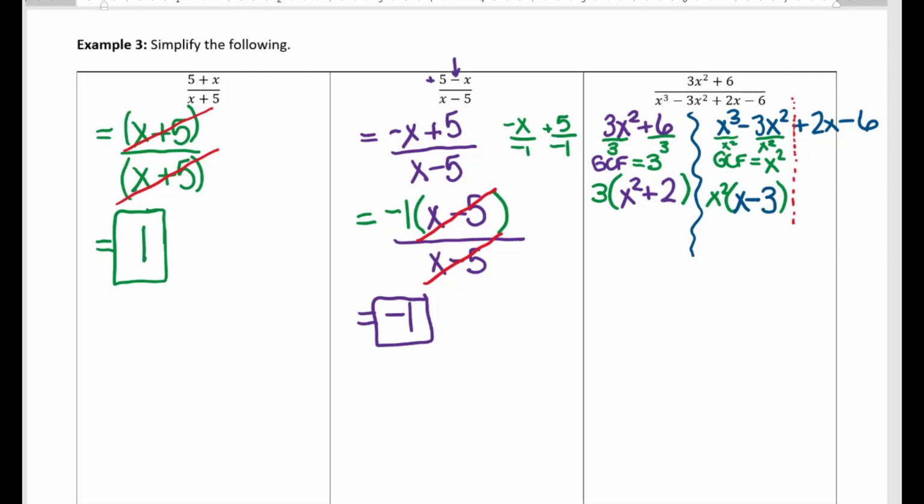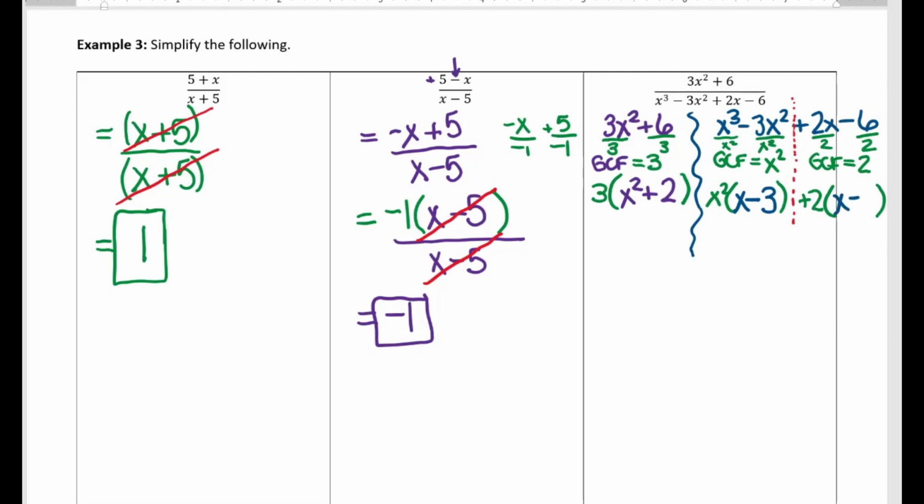Let's go to the right-hand side. We have 2x minus 6. Here, my GCF, looking at my smallest number, is 2. 2 goes into itself and into 6, so our GCF is 2. Can't include an x because the 6 doesn't have one. Since my 2 is positive, I'm going to put plus 2 and open up my parentheses. 2x over 2 is x.